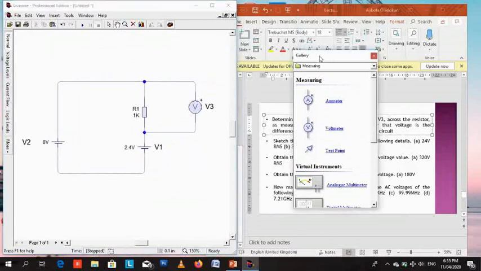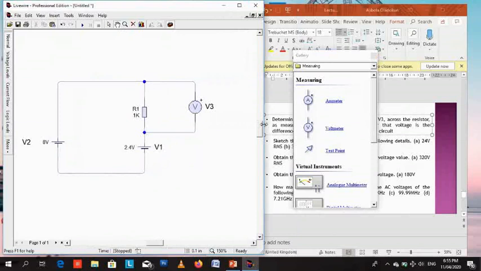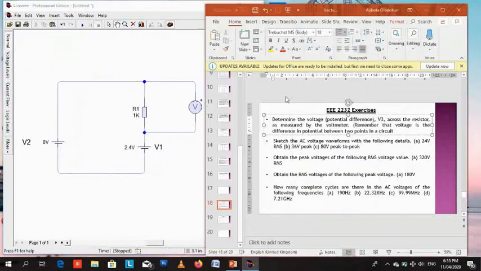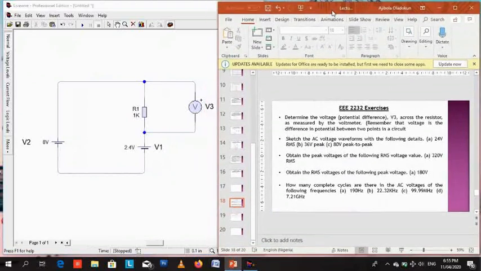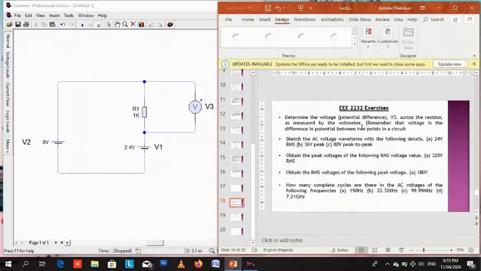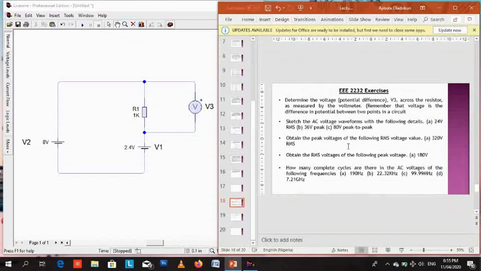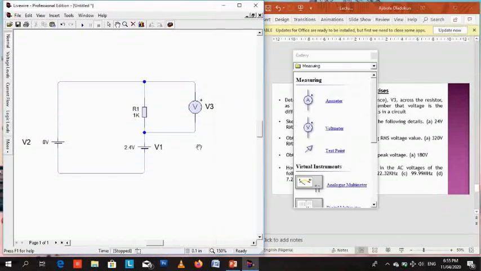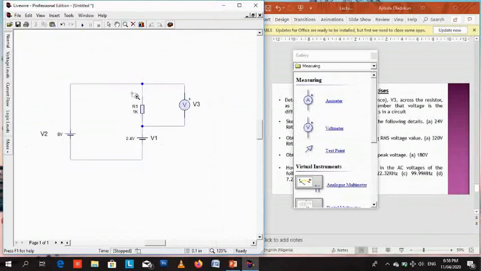Now we have this side by side. Let me adjust this. I want to make this visible, or as visible as possible. So regardless of the screen you are viewing this, you should be able to see both windows.